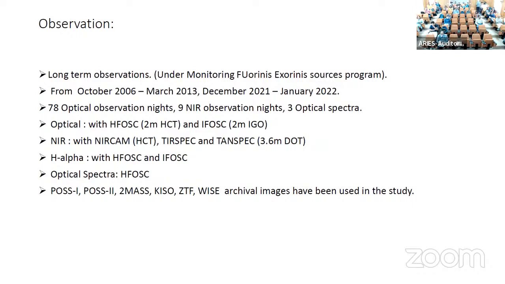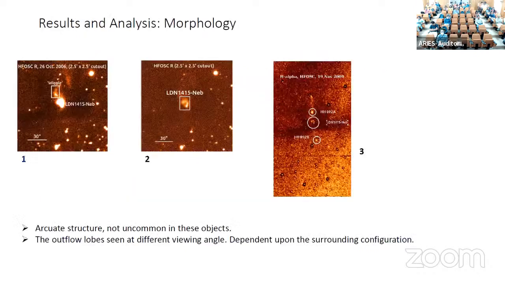Some archival images were taken for references and calculations, that is POSS 1, POSS 2, 2MASS, KISO, ZTF, and WISE archival data.